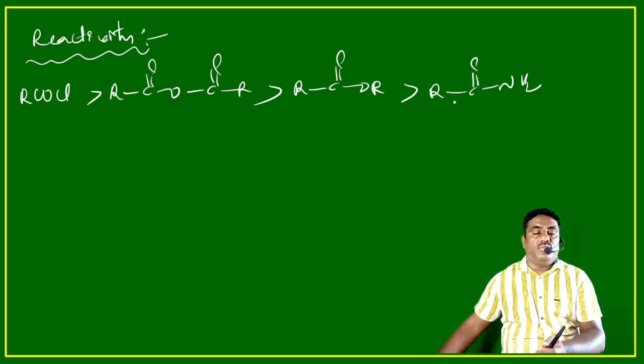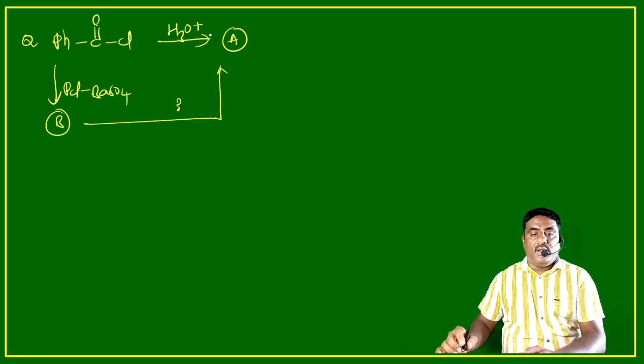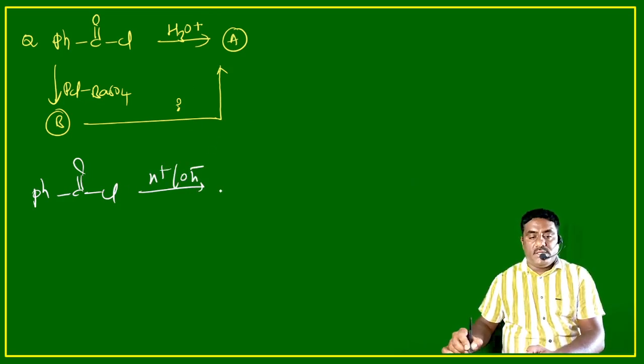Have a look at the question. PhCOCl hydrolysis: Ph C double bond O Cl, acid chloride. Hydrolysis with H plus and OH minus replaces Cl with OH, giving the acid.